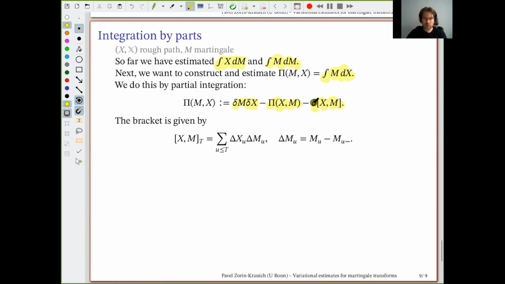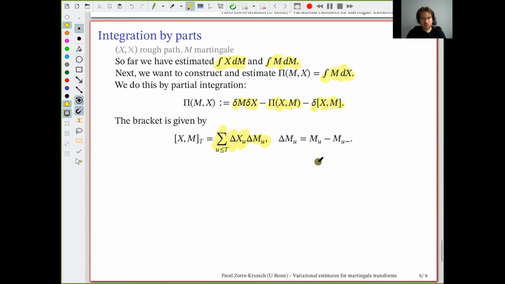Then what comes out is that you need some kind of bracket term here, and this bracket term is in fact the following. It's the sum over all jumps of your path x of the jump of x times the jump of the martingale. Recall that all my processes are càdlàg. So this is in fact a non-vanishing quantity if they jump at the same time.